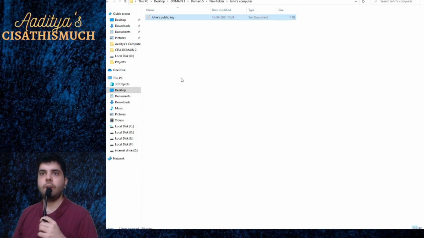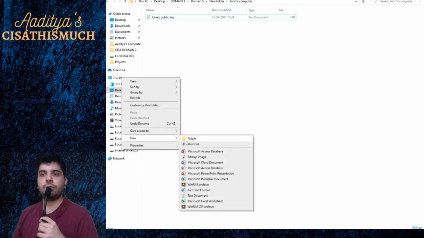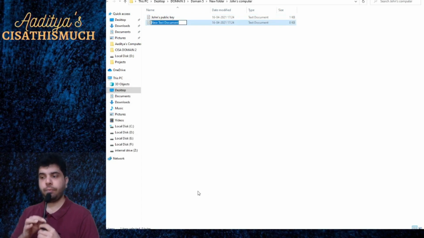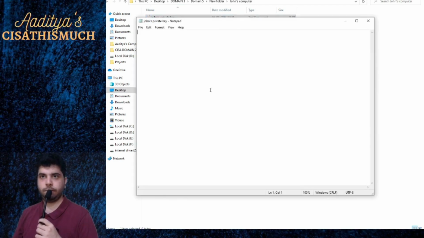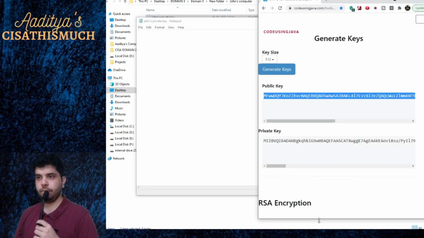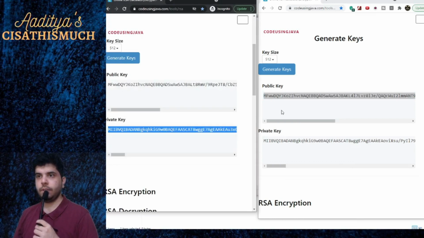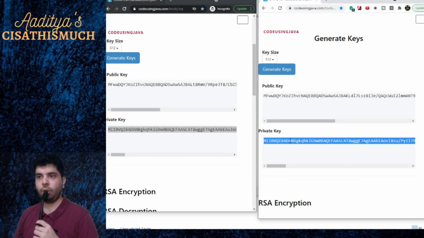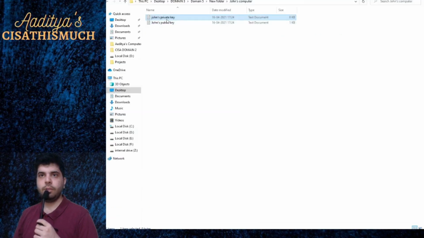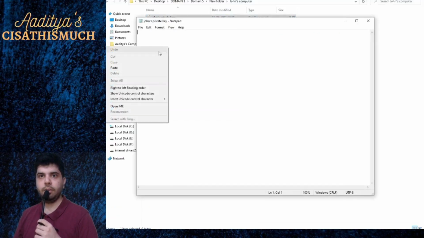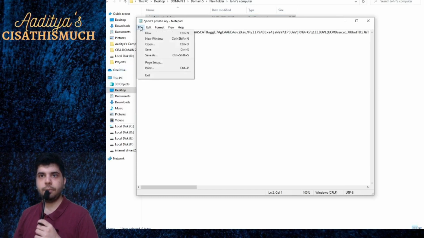All right, now John will also save his private key. Yes, so this was private key of John. Copy John's private key, paste.